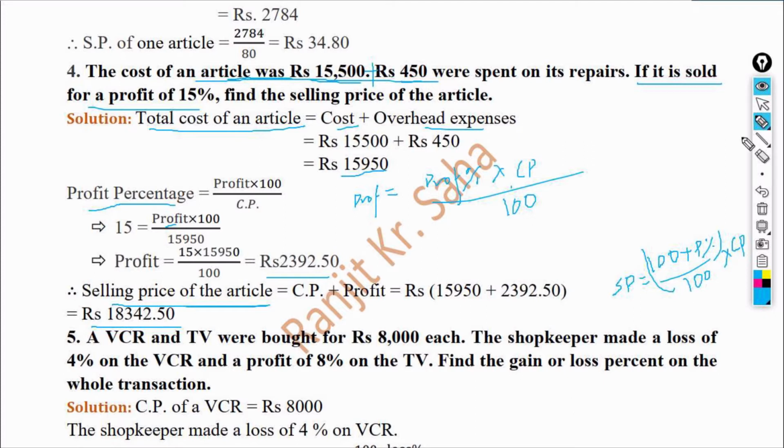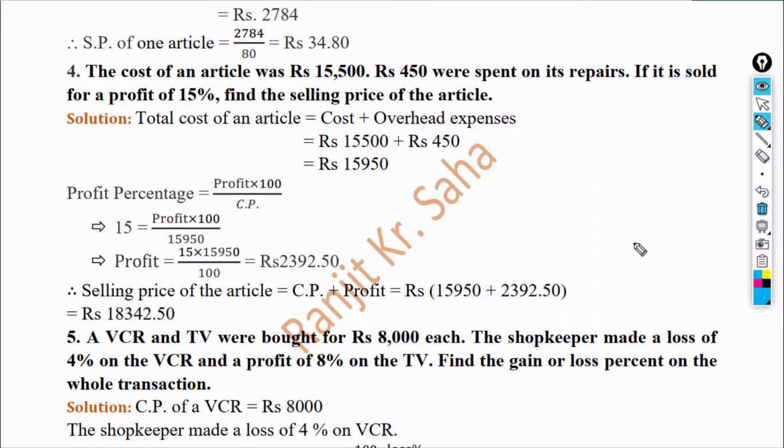Now let us come to question number 5, an important type. A VCR and TV were bought for rupees 8,000 each. That means CP for VCR is rupees 8,000 and CP for TV is 8,000.